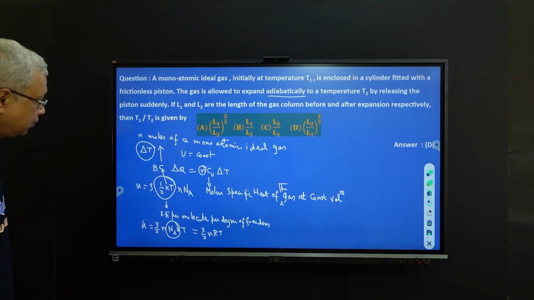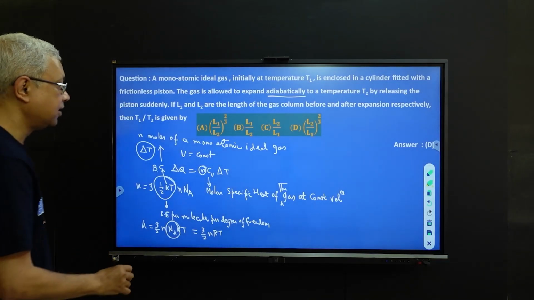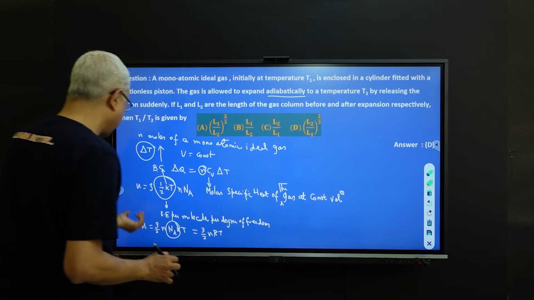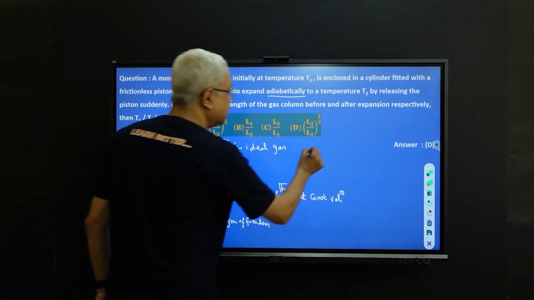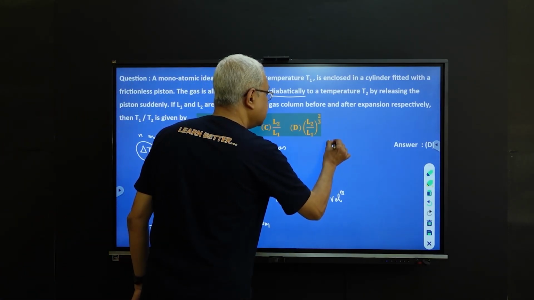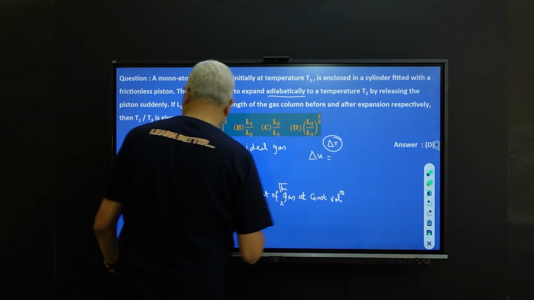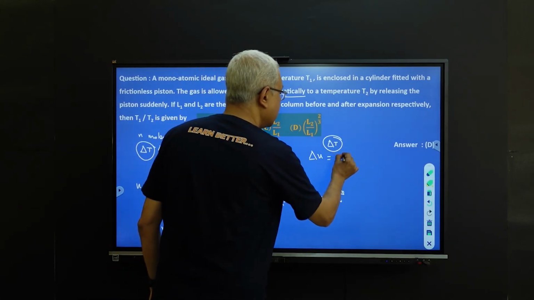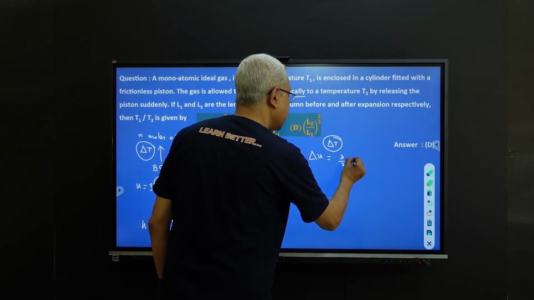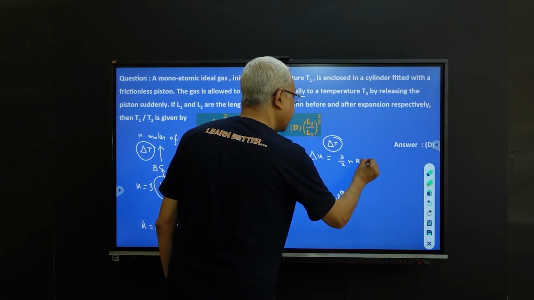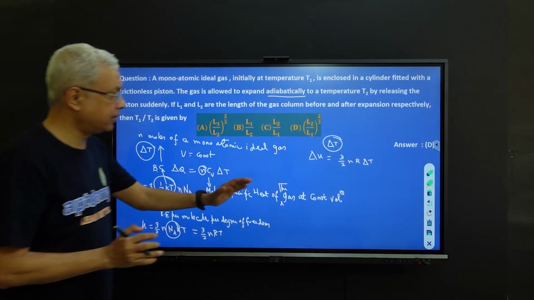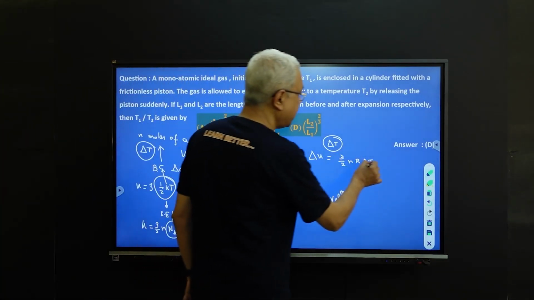So this is the expression for internal energy of the gas. Now if the temperature of the gas is increased by delta T, then what is the change in internal energy? It is 3 by 2 nR delta T. Change in internal energy is 3 by 2 nR delta T.